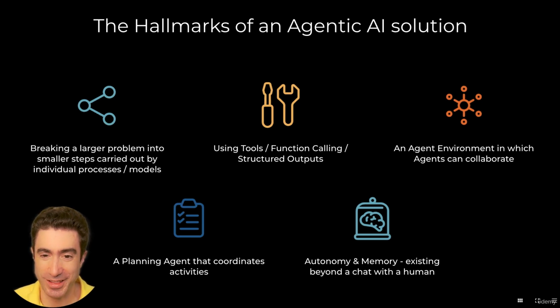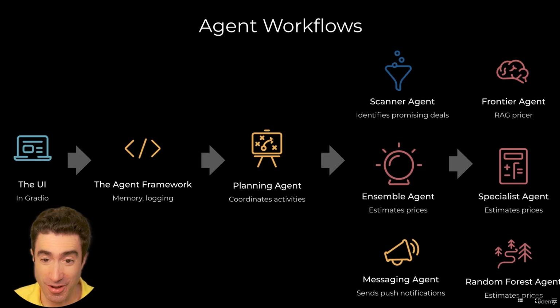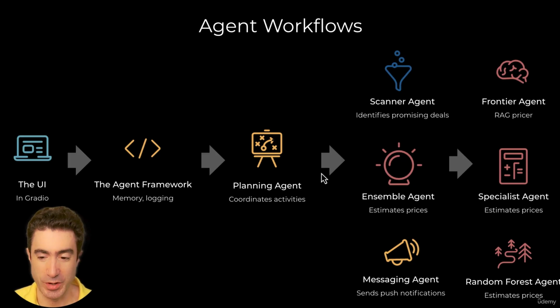Let's remind ourselves quickly of what that framework looks like. What is our architecture? This is the workflow that we're putting together. We have the 3 models that are running and an ensemble agent that calls them. This is an example of perhaps a bit of a stretch, because an ensemble model that calls other models is something that's been around for donkey's years.